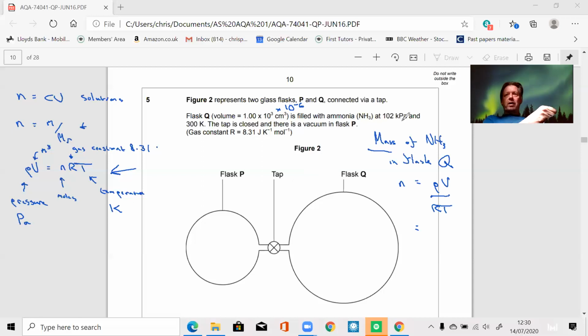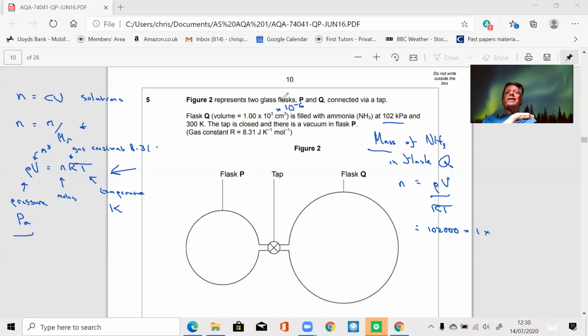The pressure is in kilopascals. That's no good. We need it to be in pascals, not kilopascals. So it's actually 102,000. Or you could put 10 to the 3 in. The volume is 1 times 10 to the minus 3 times 10 to the minus 6.